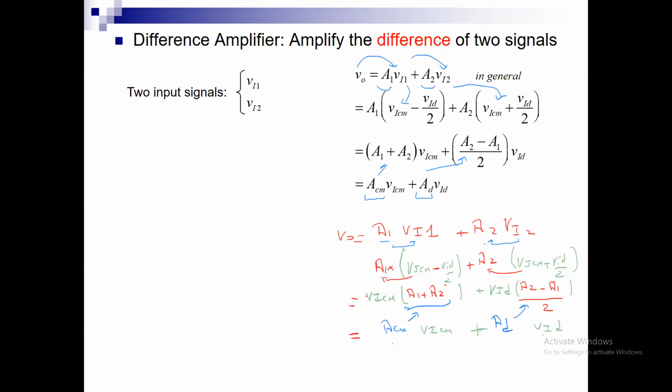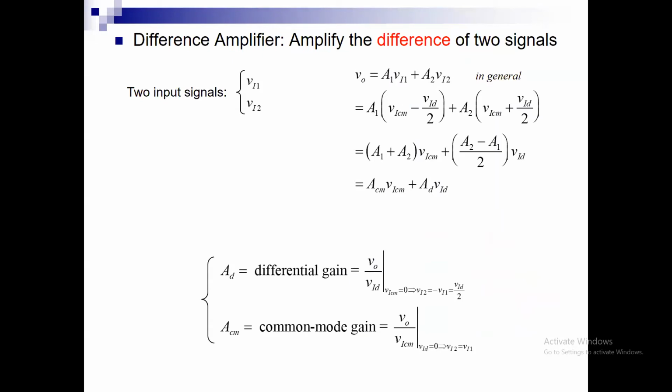Now our objective is really to have the differential mode gain be large and the common mode gain be equal to 0. I don't want to amplify anything that is in common. I just want to amplify the signal that is carried differentially on those two inputs because I want to get rid of the noise as well.